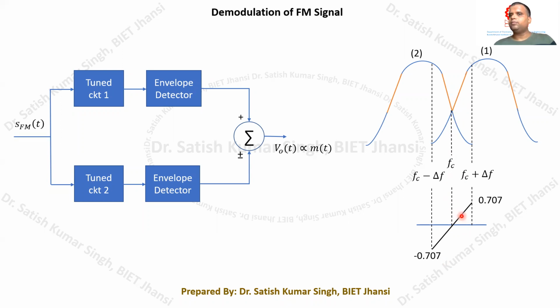Finally at this point, the gain of the tuned circuit is 0.707, and the gain of the second tuned circuit becomes almost 0. Similarly, you can do the analysis in the negative portion, whenever our frequency is less than fc, and we get this type of curve.